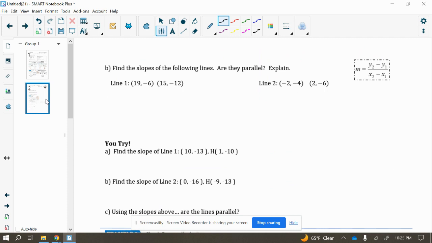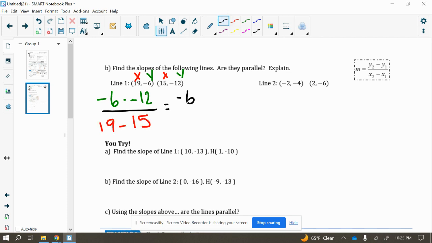Now we also can use our slope formula to find the value of our slope using these points. So you have x and x, y and y. If we calculate the slope, -6 minus -12, and then we're going to divide that by 19 minus 15.